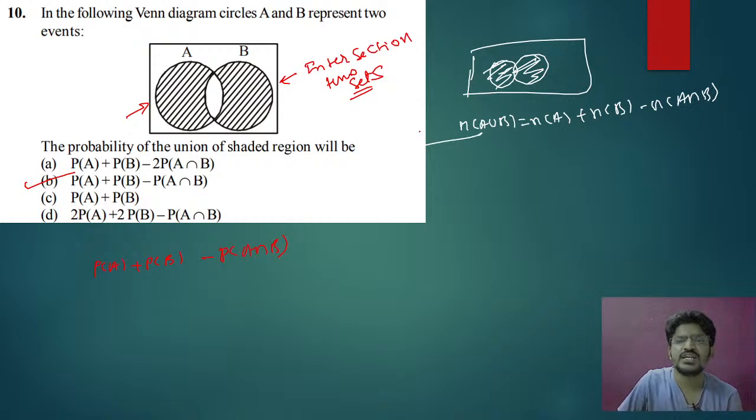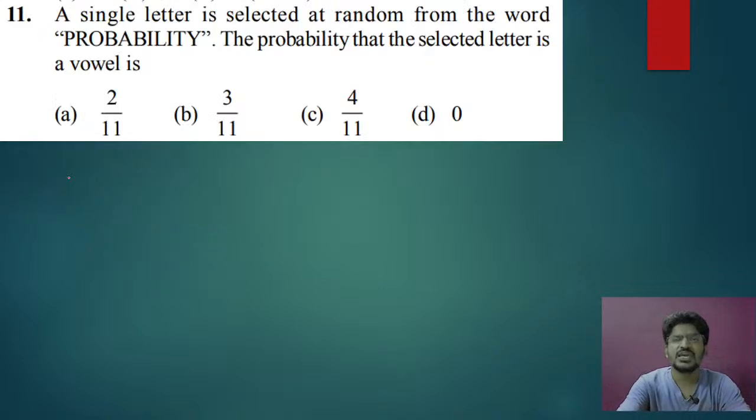We know that N of A union B equals N of A plus N of B minus N of A intersection B. So from that you can say P of A plus P of B minus P of A intersection B will be the required answer. Clear? So option B is right. Next, we can go for the 11th question.